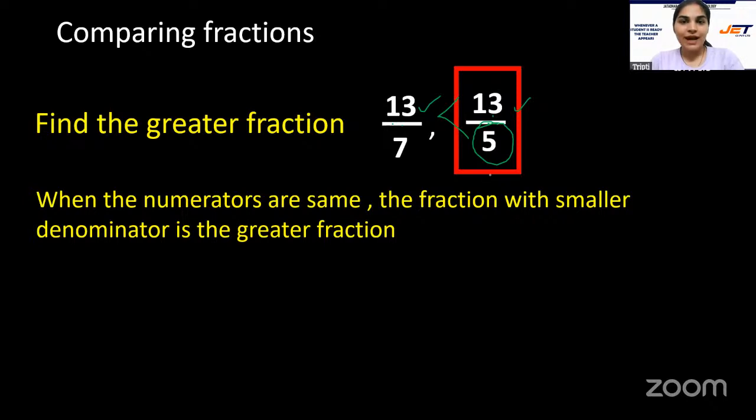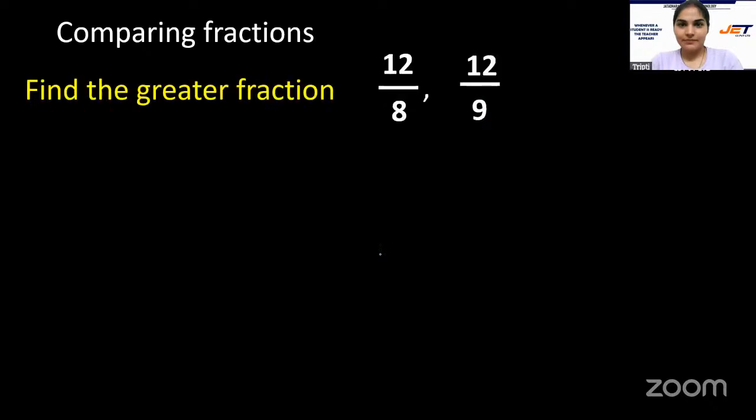The fraction with smaller denominator is the greater. This has a small denominator. That means it is greater. It's opposite. Smaller denominator will be the greater one and greater denominator will be the smaller one, when the numerators are same. Here also the numerators are same.